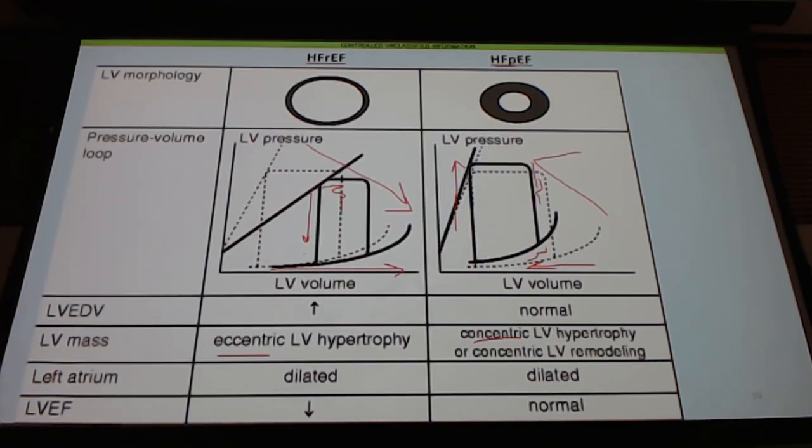And the other implication is because I'm not going to stretch to accommodate that preload coming in, the preload that does get in makes my pressure rise quickly, a lot quicker than in the normal pressure loop. So that's why, even though the heart thinks it's doing what it needs to in order to function, it's actually not fixing the problem, and it's actually making it worse.